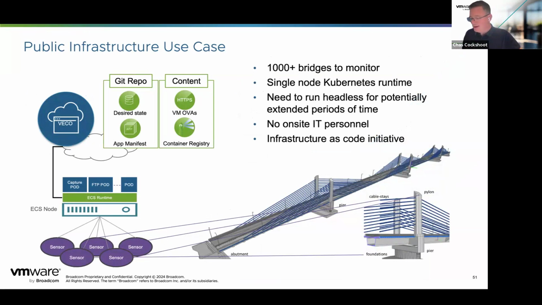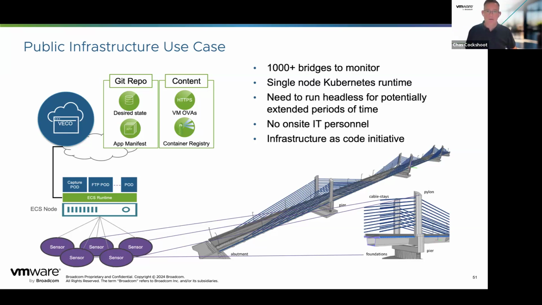There have been failures in the past through construction or just corrosion over time. So you've got 1,000 locations, no strong connectivity, a single app in this instance, but they need management and they need control, and zero touch provision is an understatement. There's no IT, it's a cabinet under a bridge.